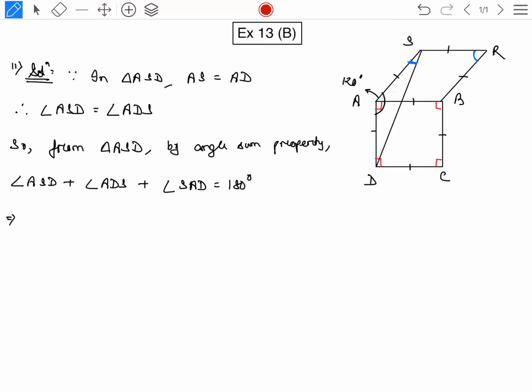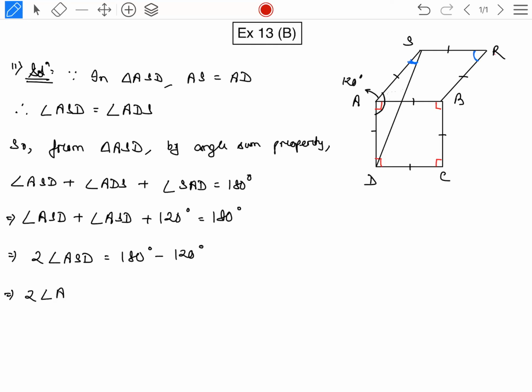In place of ADS we can put ASD, same thing, because we have already proved it, yes or no? And in place of SAD we will put 120 degree because it is given to us. So we will get 2 angle ASD will be equal to 180 degree minus 120 degree. That means 2 angle ASD will be equal to 60 degree.